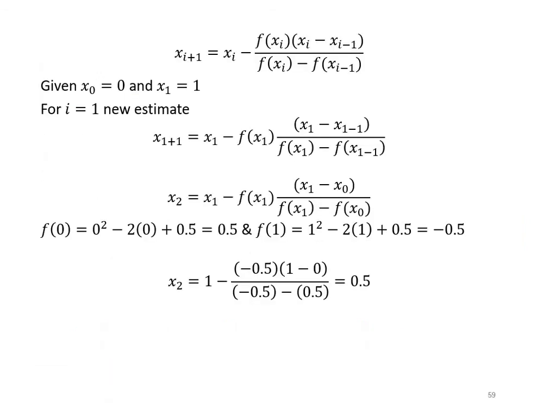But let's look at the solution. First, you need to recall the formula for the second method, and you are given the two initial points, x0 which is 0 and x1 which is equal to 1. Then for the next new estimate, when i is equal to 1, substitute for i in your formula.